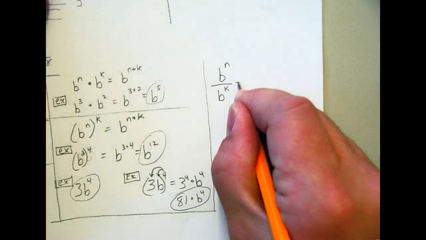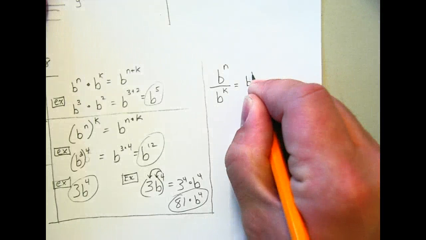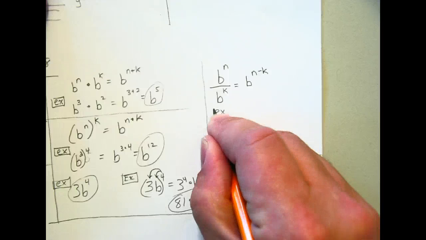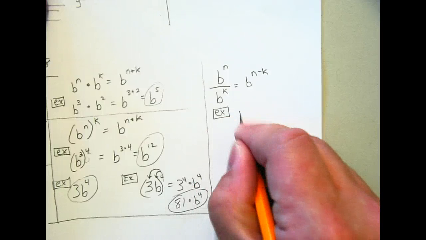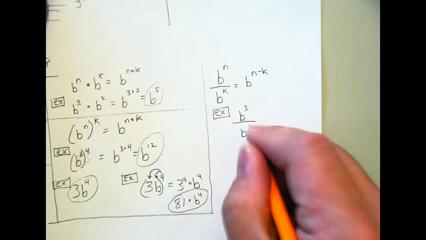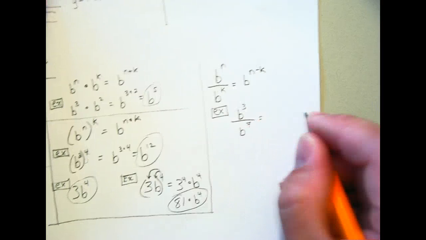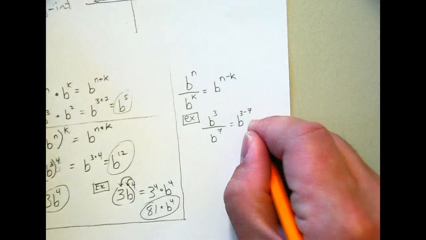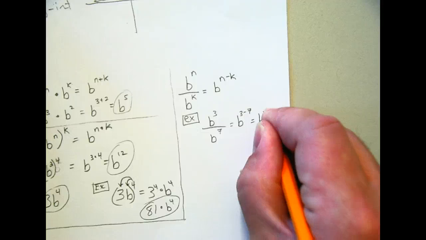When you're dividing, it's the same as subtracting, b to the n minus k. So an example of that would be, say, b to the third over b to the seventh. That would be b to the 3 minus 7, or b to the negative 4.